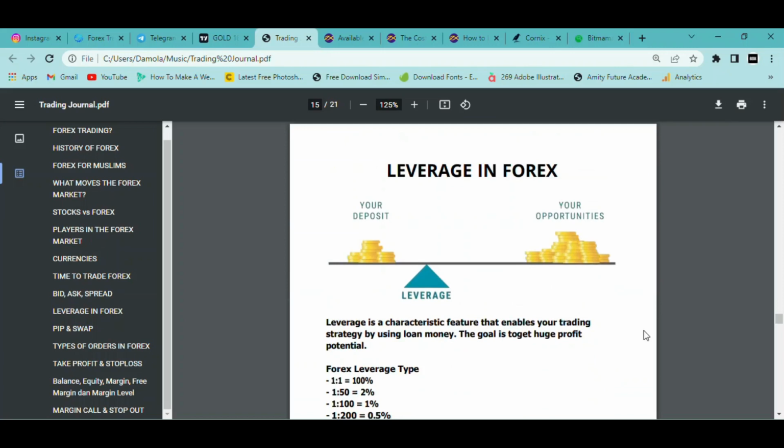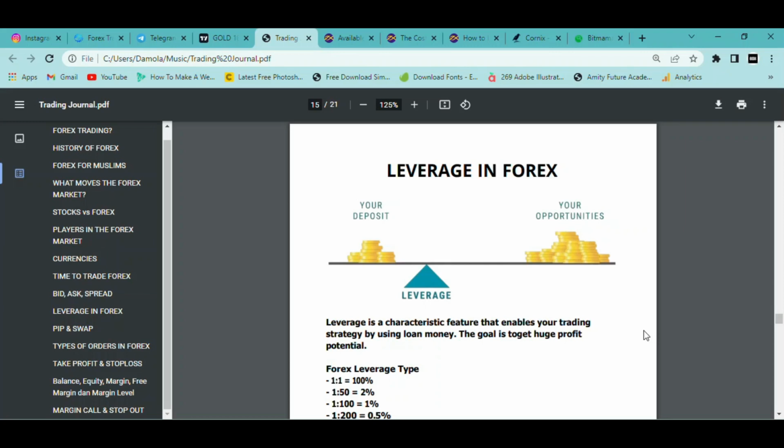Also, there is what we call leverage in forex. Leverage is a characteristic feature that enables your trading strategy by using loan money. Leverage is just like you having a capital that you want to use to trade, and you equally have an amount that you are required to trade with. So the brokers give you an opportunity to trade with a certain amount of money in the market.